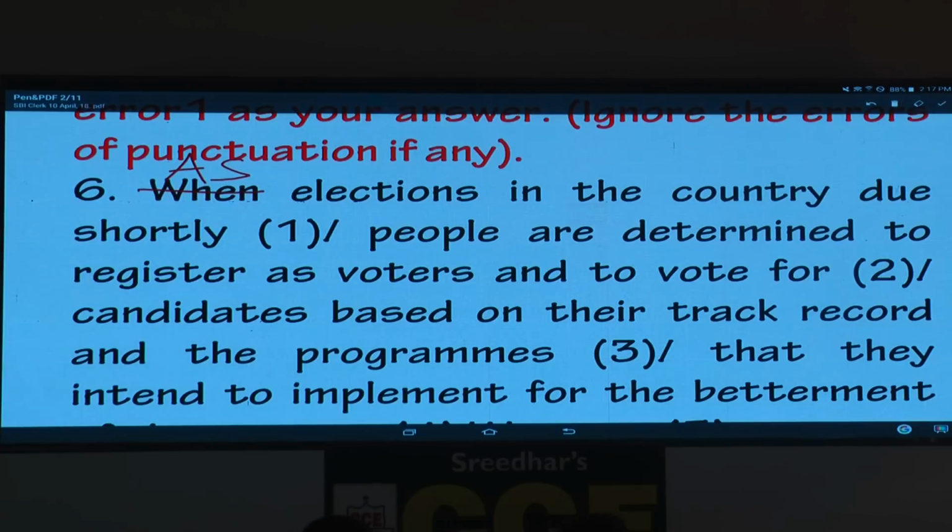As elections in the country are due. Something is due. Something is. But here it is plural. Elections are due shortly. As elections in the country are due shortly. So 2 errors, not 1 error.